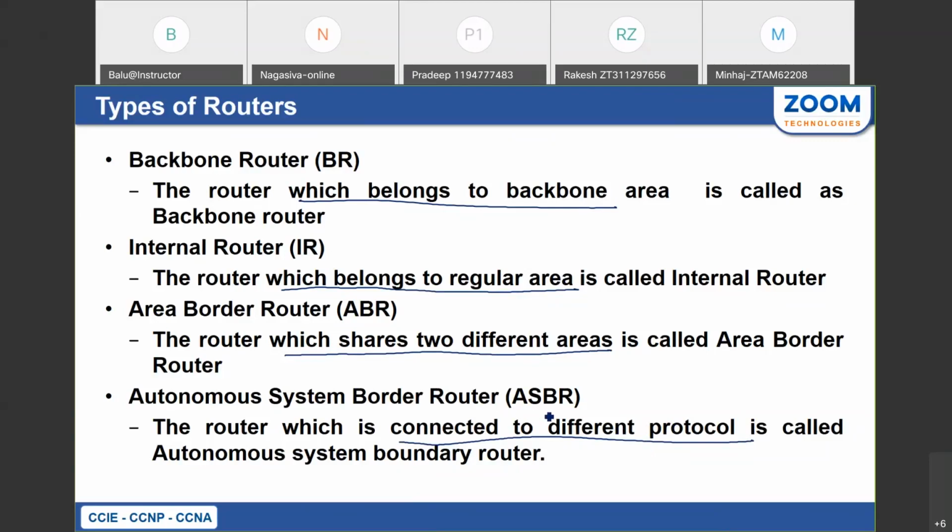This ASBR comes under CCNP level classes, so I can skip it now. Let me discuss clearly about BR, IR, and ABR. But just keep in mind, ASBR is also connected to different protocols.